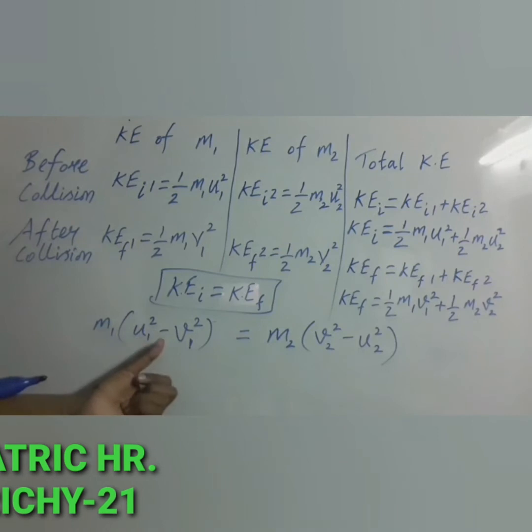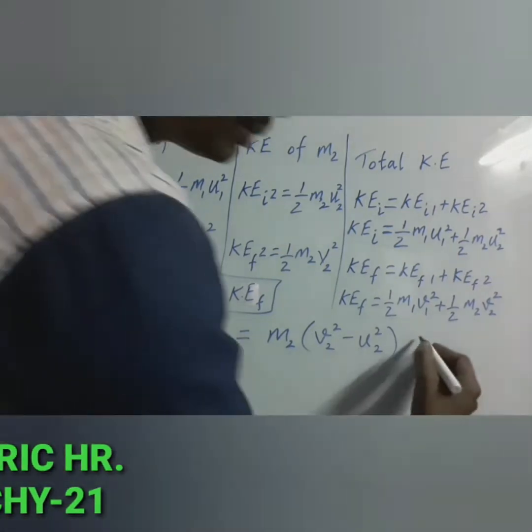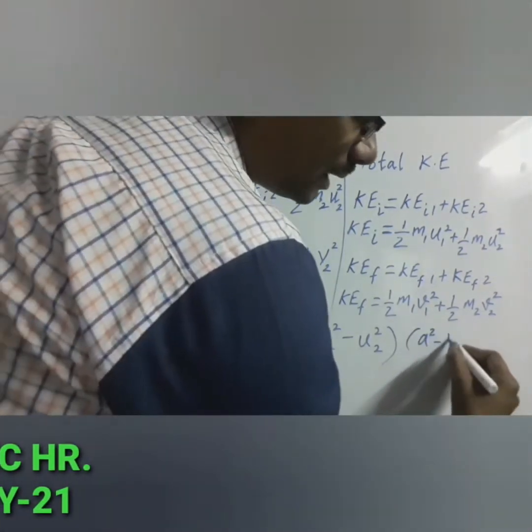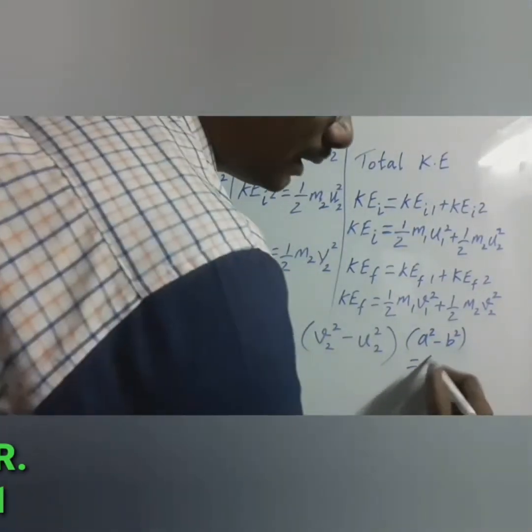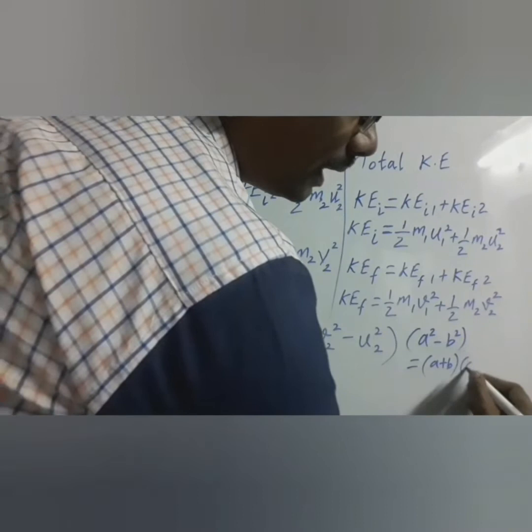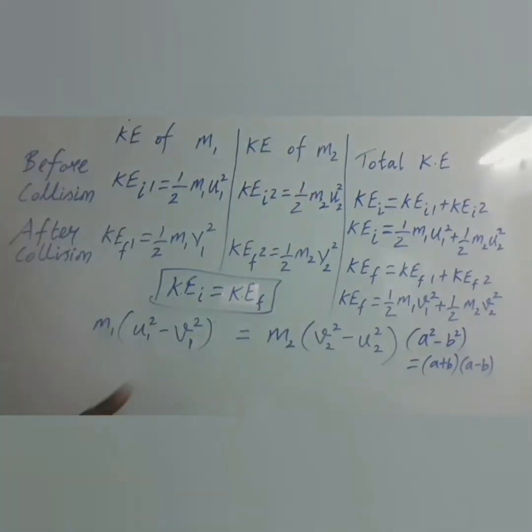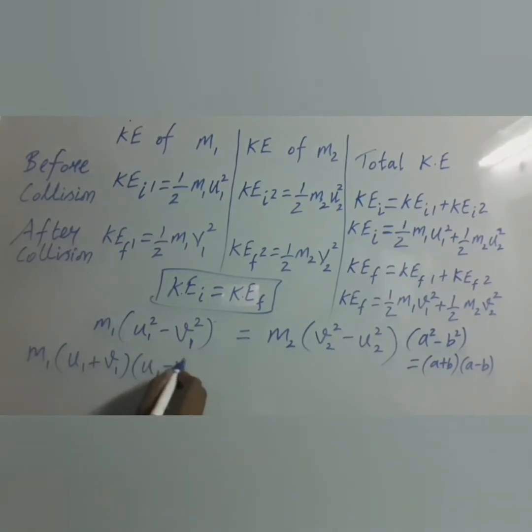Here u1 square minus v1 square is there. No, it resembles a square minus b square. Then how can we expand that? a plus b into a minus b. Likewise, we can expand here also. So m1 (u1 plus v1) into (u1 minus v1) is equal to m2.